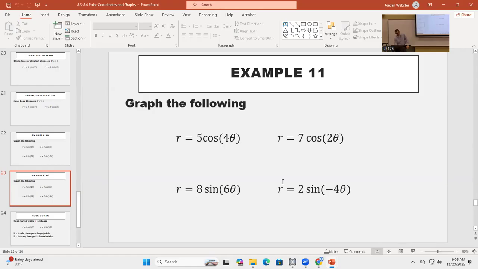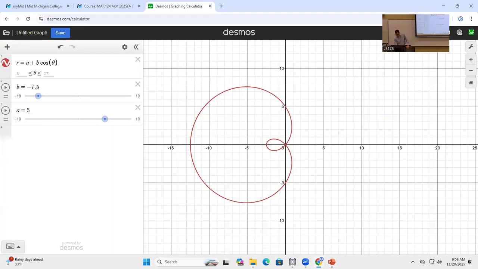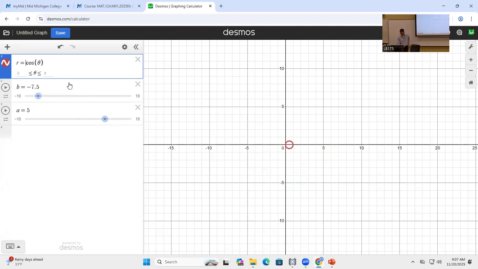And then we'll put coefficients out front and play around with those. Again, I'll do this on Desmos. I'll show you how to do it on the graphing calculator as well. There's an interesting thing on the graphing calculator that happens.